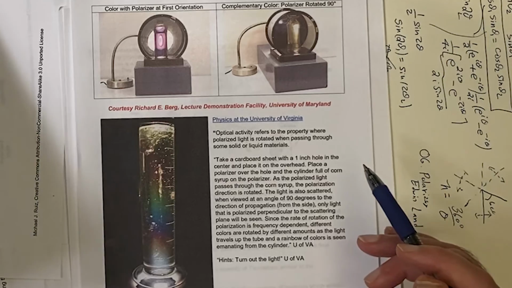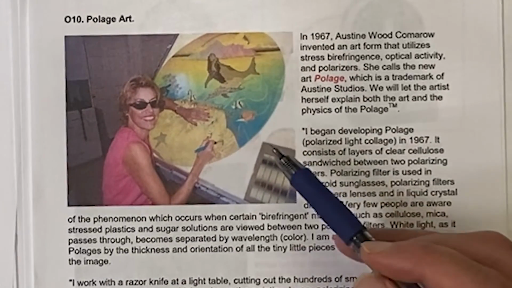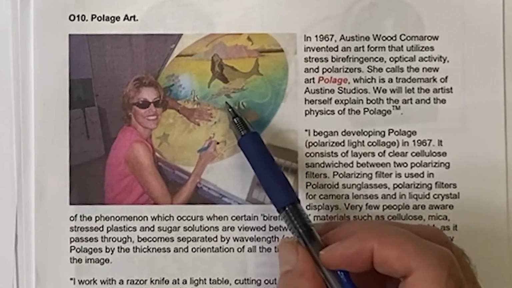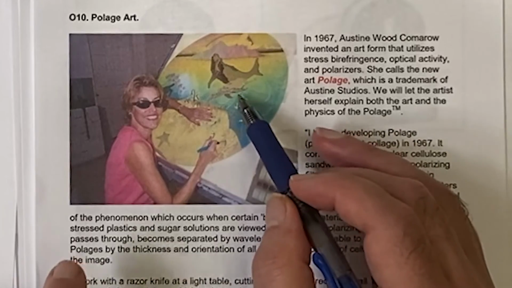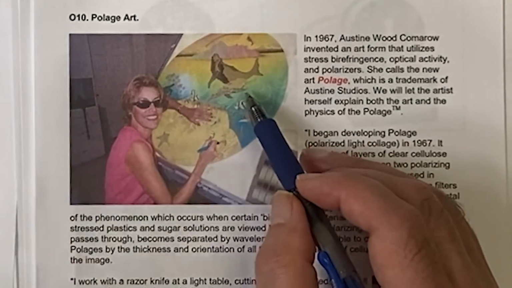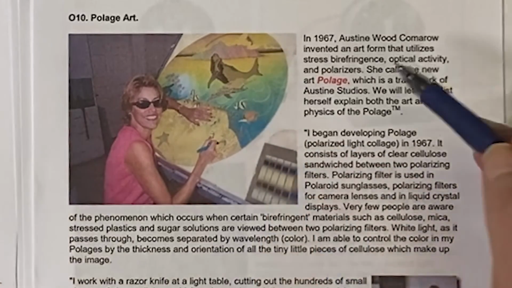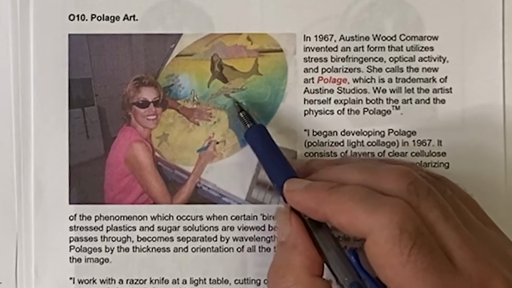And then also I'd like to mention here an artist, Austine Wood Comarow, who uses birefringent materials. Now you have polarizers, so this is taken with a polarizer. This would all look like black and white, or clear. This would basically look clear. So Austine Wood Comarow makes art with birefringent materials.